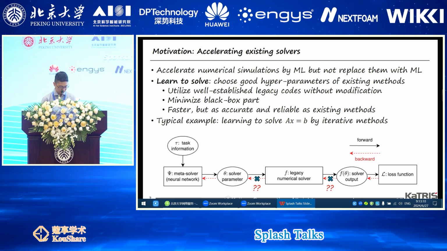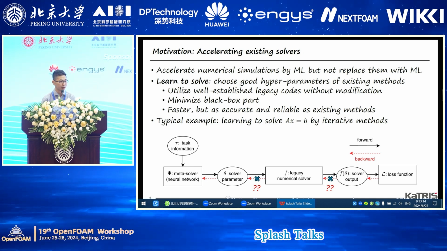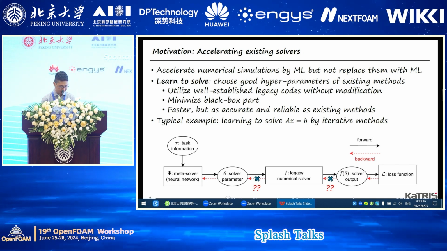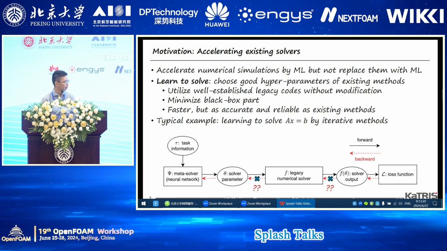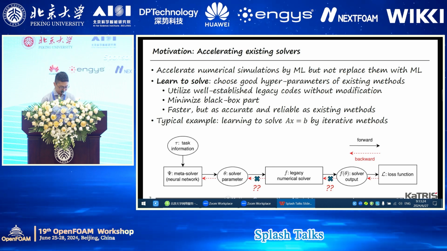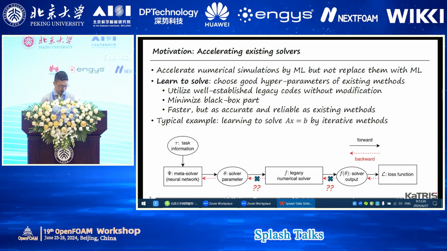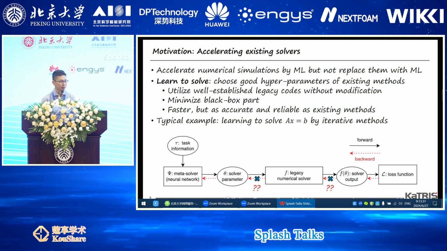For example, it can be the initial guess of the iterative method or a preconditioner or some other parameters. And then the solver, using the generated parameters, solves the task. After getting the solution, we can compute a loss such as the error of the solution or the computation time to get the solution.